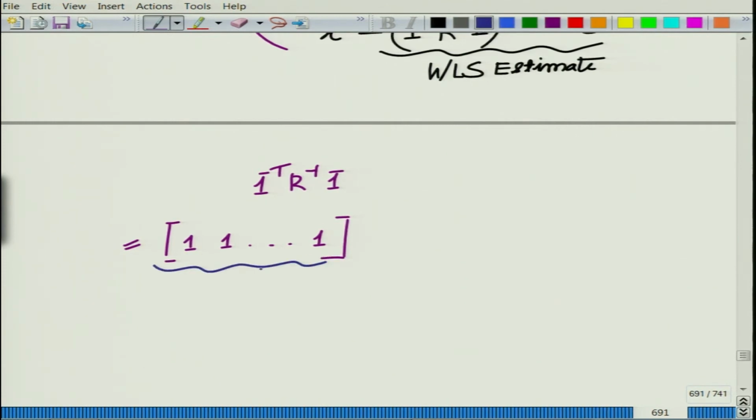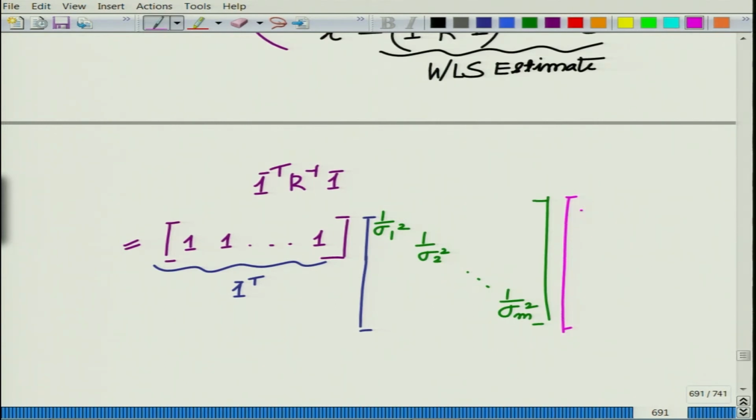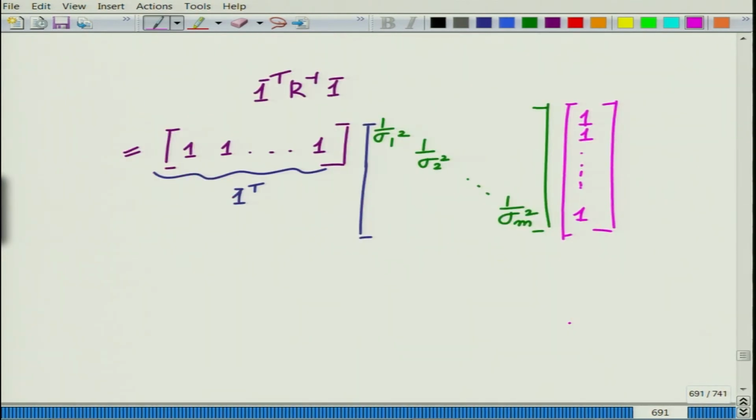This is your 1 bar transpose, R inverse is the diagonal matrix of 1 over sigma 1 square, 1 over sigma 2 square, up to 1 over sigma m square, and this is your vector of all ones.